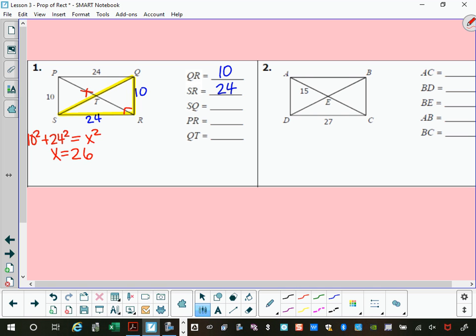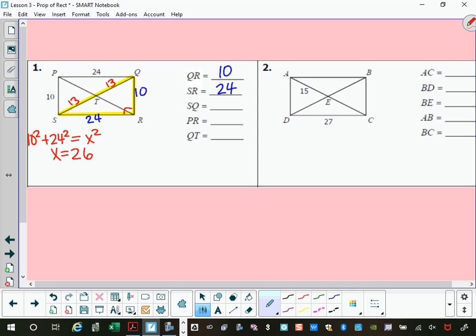Now, that means that this entire diagonal is going to be 26. Because diagonals bisect each other, each piece has to be equal to each other. So what's 26 divided by 2? 13, good. So that means this piece is 13 and that piece is 13, because technically the whole thing is 26.